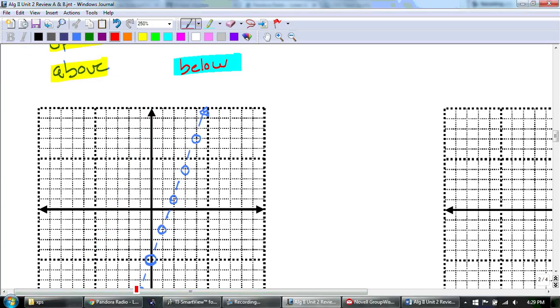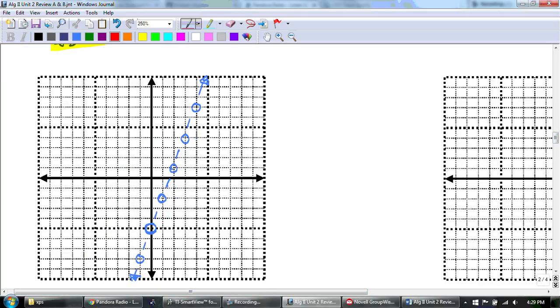Okay, so I'm zooming in over here again. We're going to start at (0, 7), and I'm going 1, 2, 3, 4 down, 5 over, and those are the only 3 points I can plot on this graph.